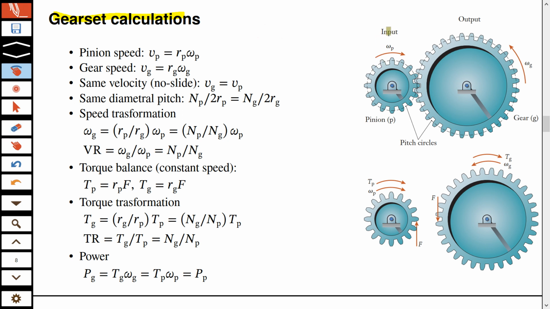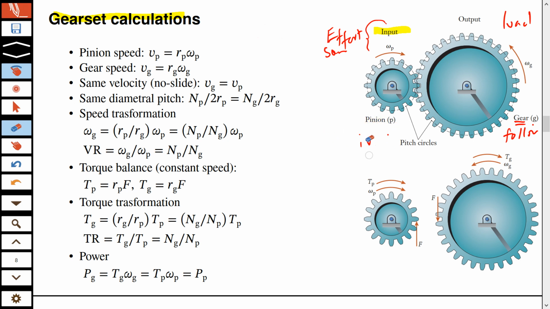This is the input side, and that's why you are calling it pinion, P. You also call this the driver if you want. And then you have an output gear. Remember, this will be connected to the source of effort, and the other gear will be connected to the load. That's why you simply call it a gear, or if you want, you can also call it a follower, okay?